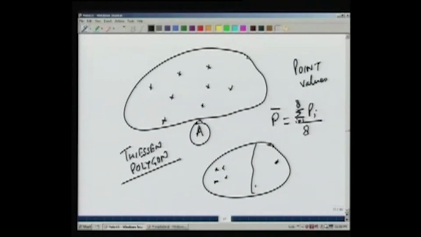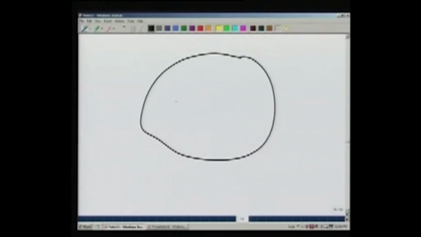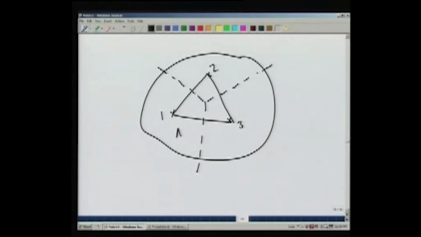In which the relative position of the various gauges is also considered. So if we have rain gauges in an area like this, we draw perpendicular bisectors of the lines joining the rain gauges, and then we assign, suppose this is rain gauge 1, 2 and 3, we say that area A1 is the effective area for rain gauge 1.